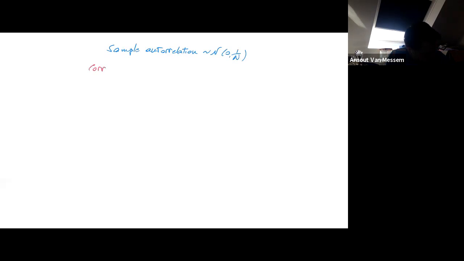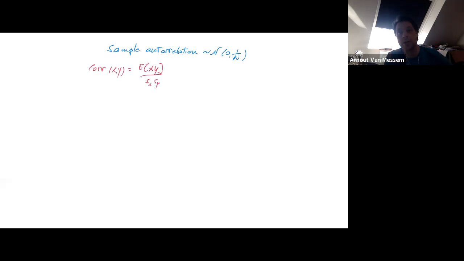So the correlation between x, y can also be written as the expected value of x times y over Sx Sy. So this is another formula for the correlation. Basically the covariance is the expected value of x times y. If we do this for the autocorrelation, you get a very similar thing.